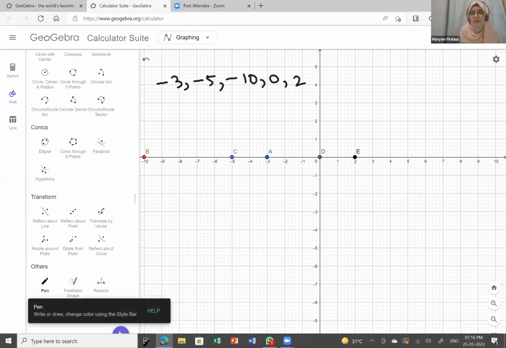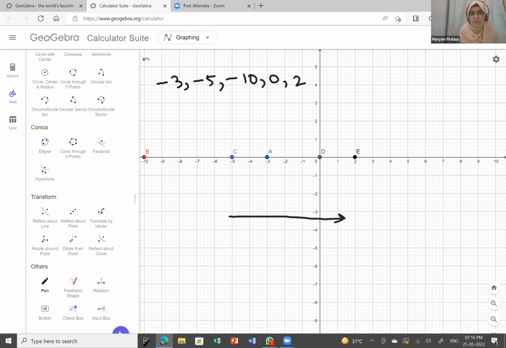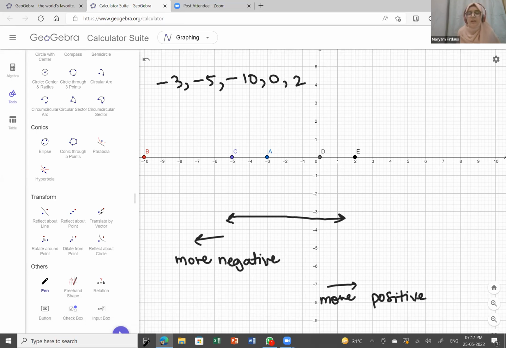So the numbers, they go like this. As we go to the left, it becomes more negative. And as we go to the right, they become more positive, right?